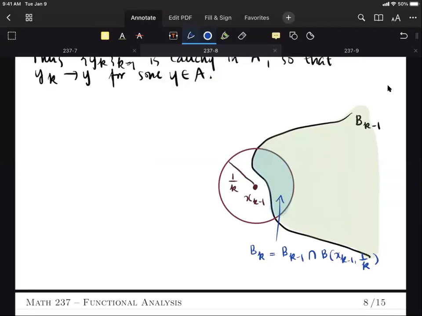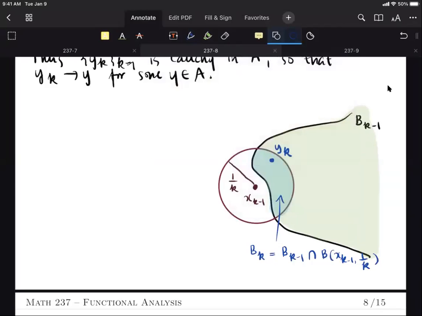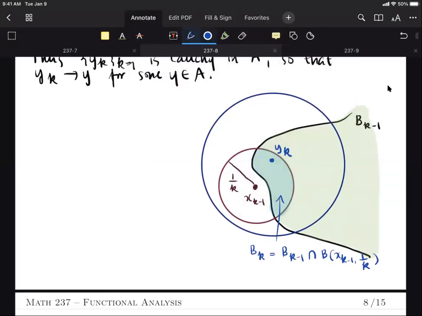Now, we took an element y sub k, and in this case, let us also consider this y sub k with a ball that is twice the radius of your ball centered at x_{k-1}.